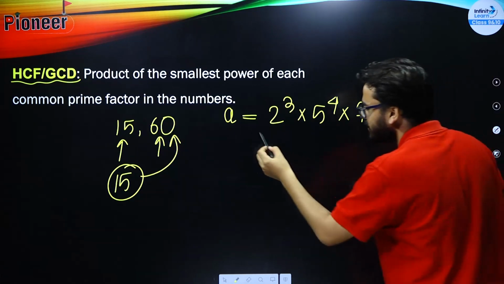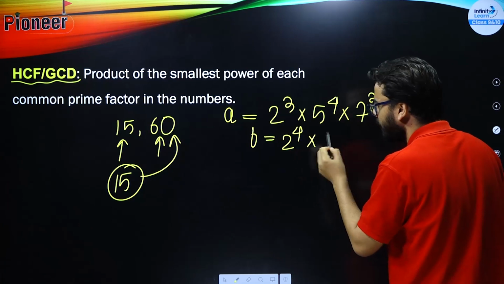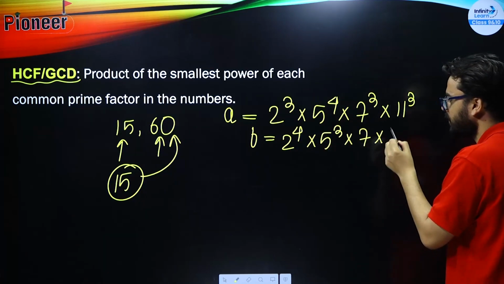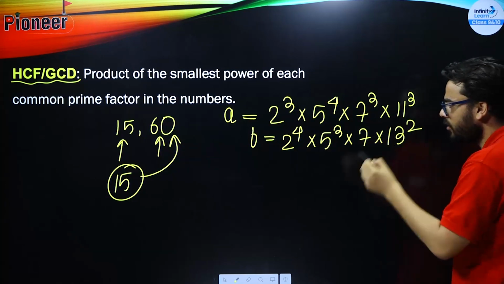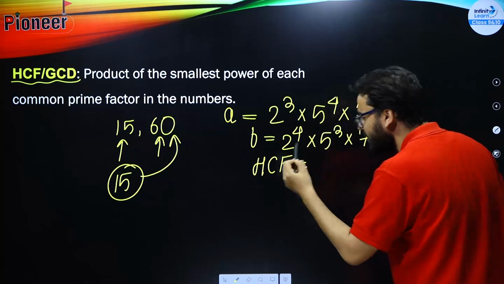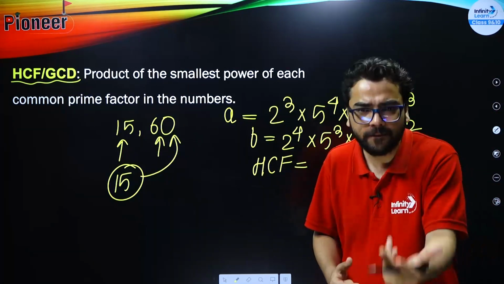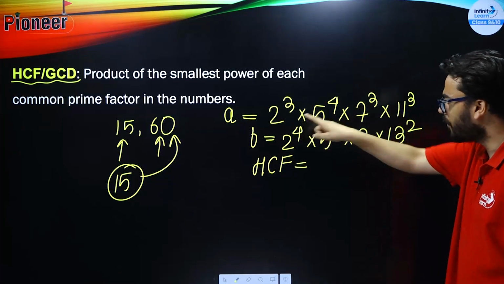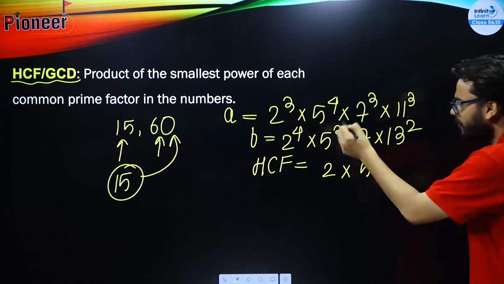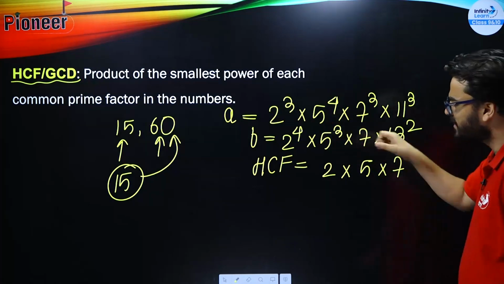Something like this if I've got, and suppose B is there, suppose like this. Now I want to find the HCF, or the highest common factor, of these numbers. The very first thing is you have to take common factors. Basically common factors over here are 2 and 5, because they are in prime factorized form only, and 7 as well, right? 2, 5 and 7.